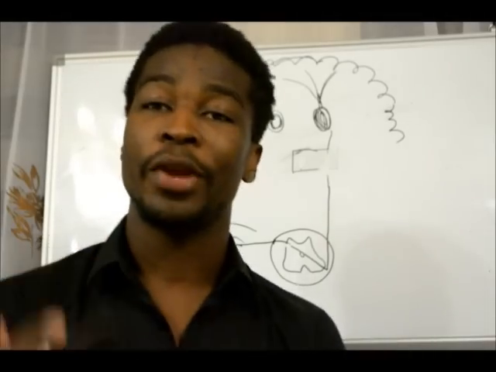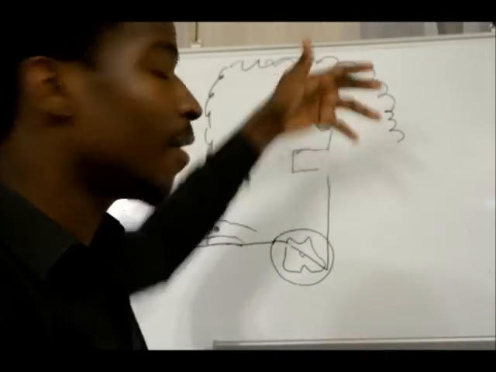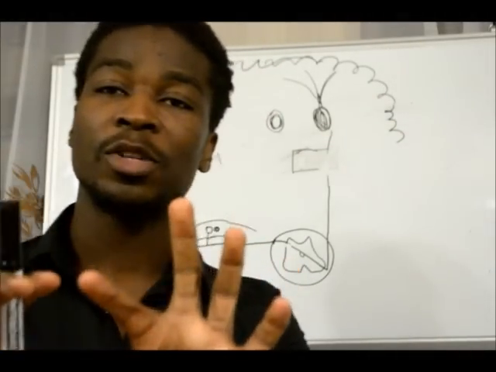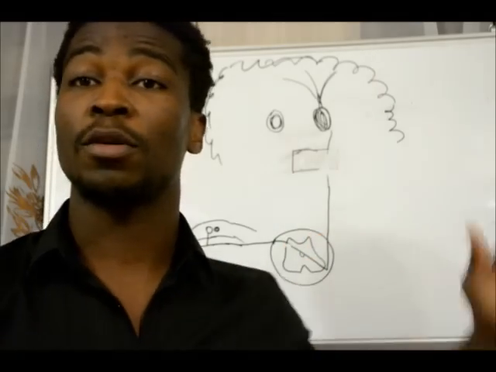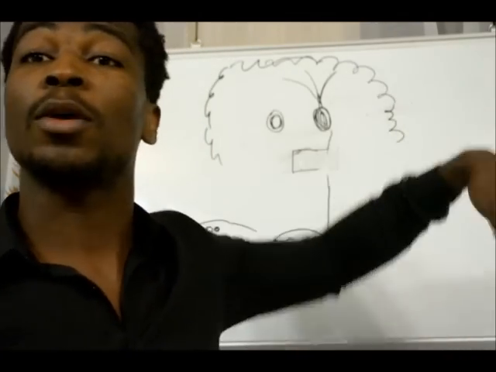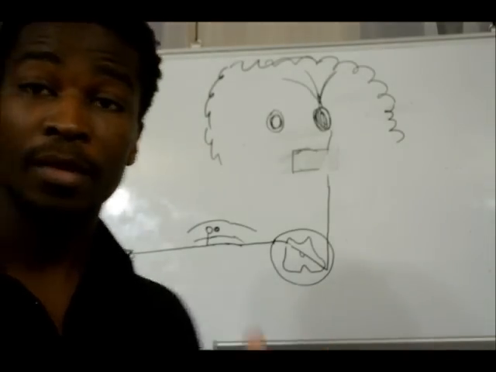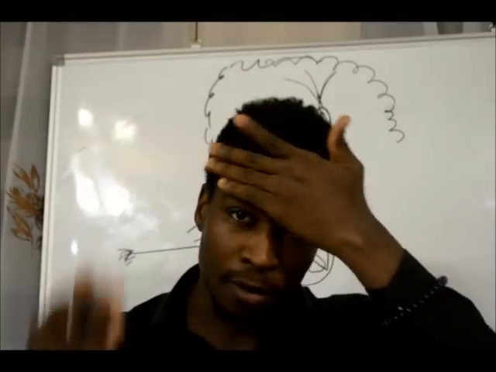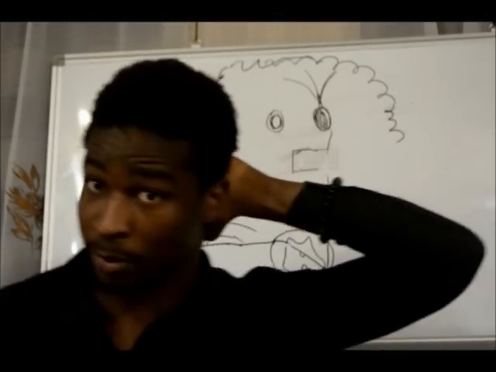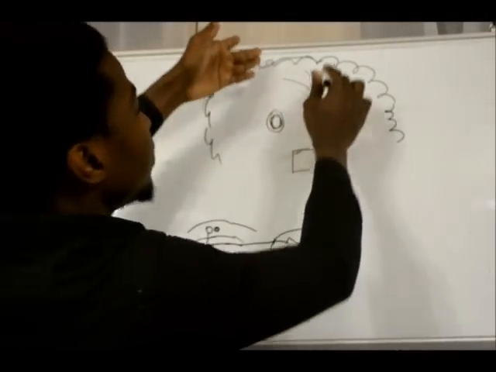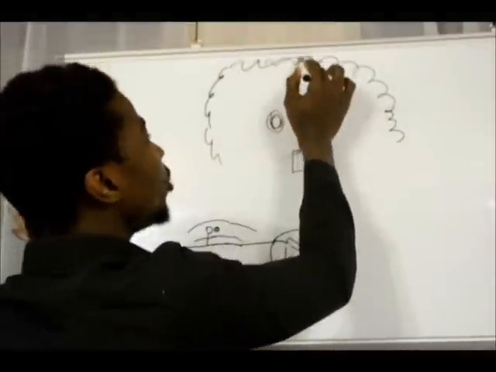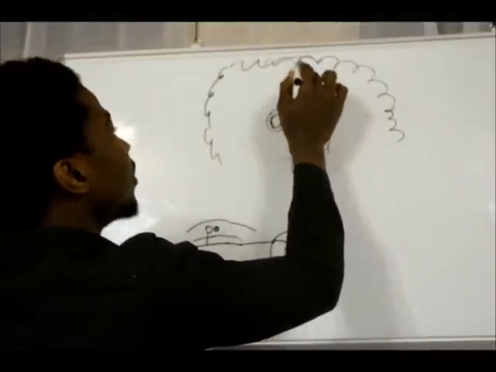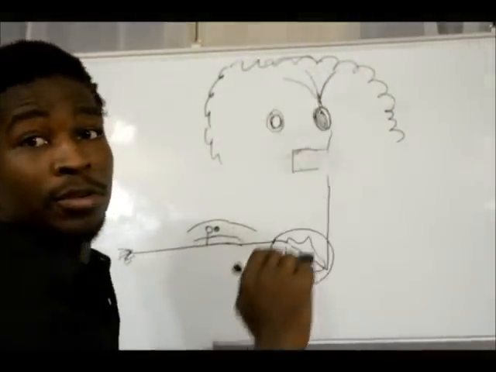In your cerebral cortex, we have different parts: the frontal lobe, parietal lobe, occipital lobe, temporal lobe, right? In the parietal lobe, let's say this is the parietal lobe, in the middle, we have the central gyrus, right?